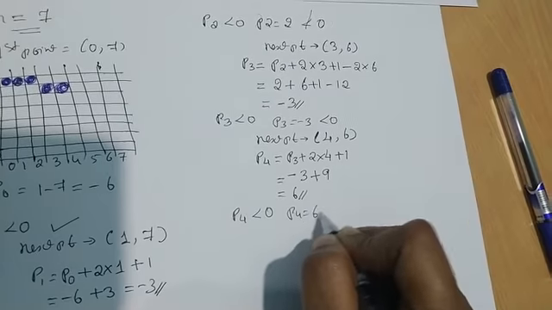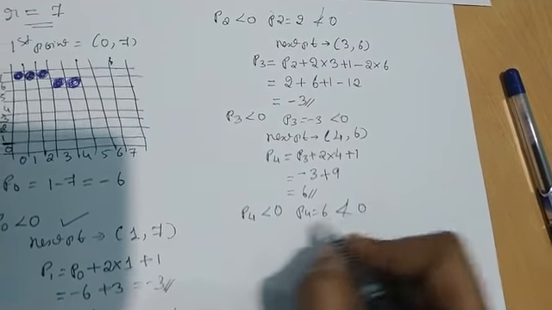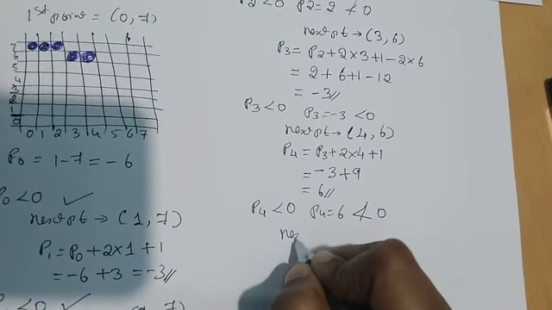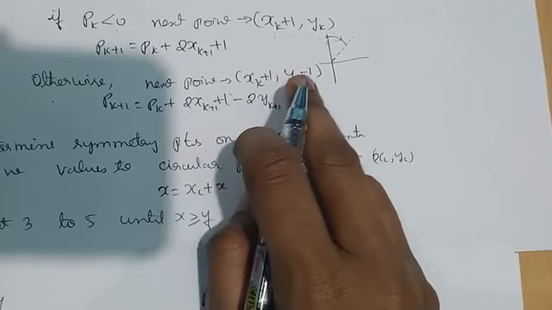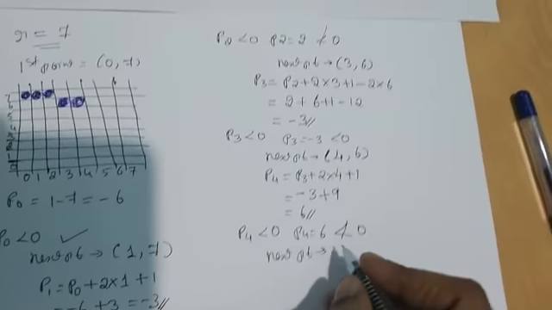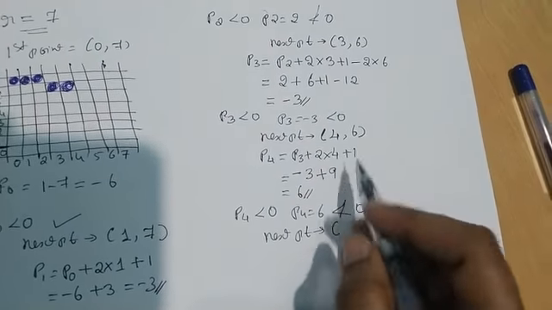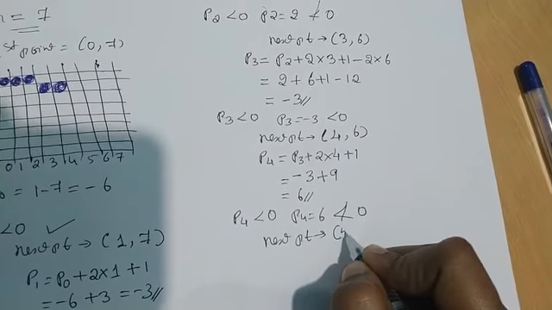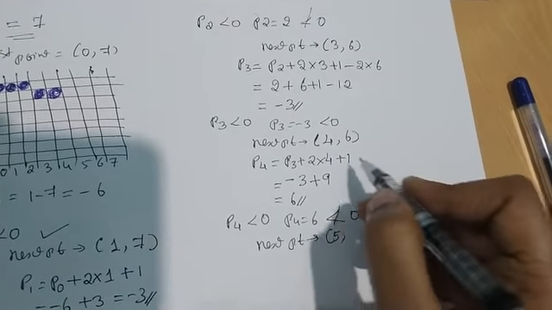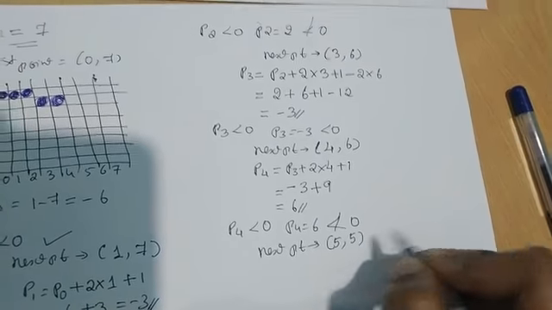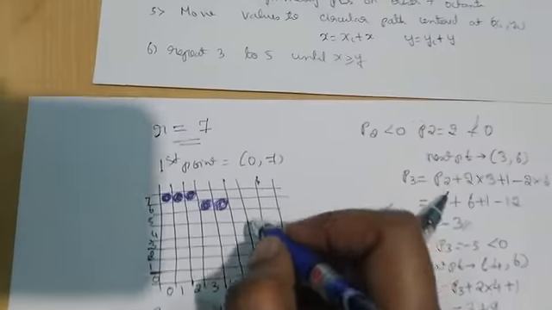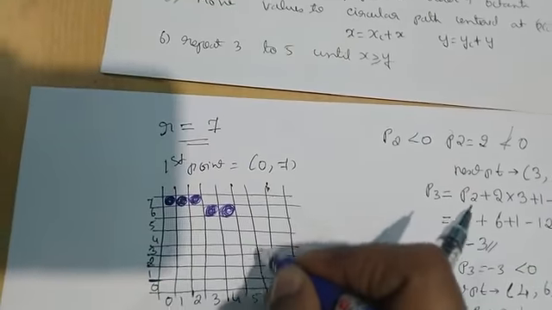P4 is equal to 6, which is not less than 0. So the next point, according to not less than 0, is going to increment x coordinate value and decrement the y coordinate value. So previous x was 4, now it will be 5, and previous y was 6, decrementing you'll get 5. So 5, 5 is the next pixel.